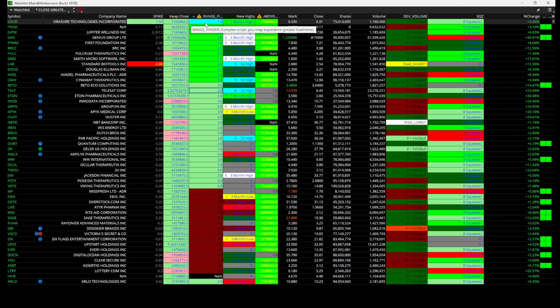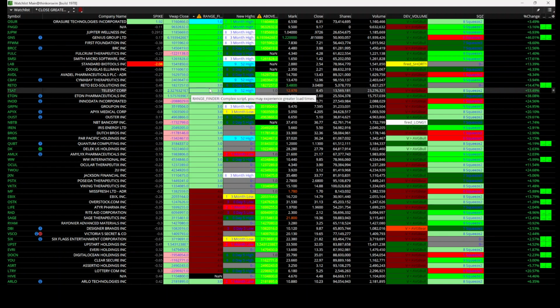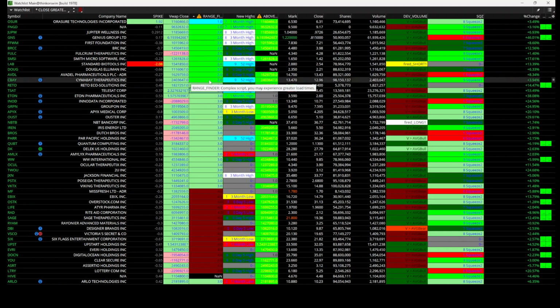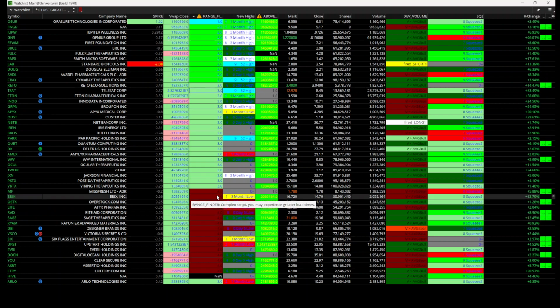Two is the body of the candle, or the max of the candle, being above the range top. Three is anything between the range top and the mid of the range, which is light green. And four is anything below the range mid but greater than the range bottom.